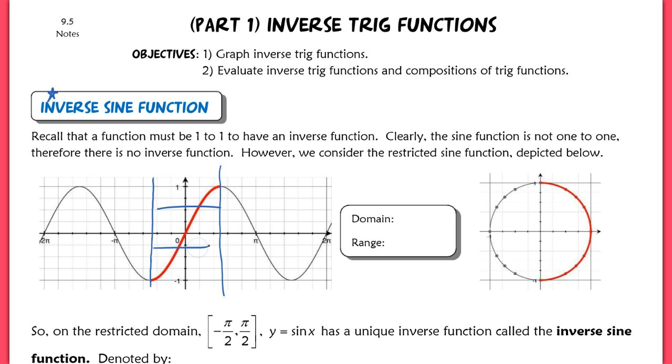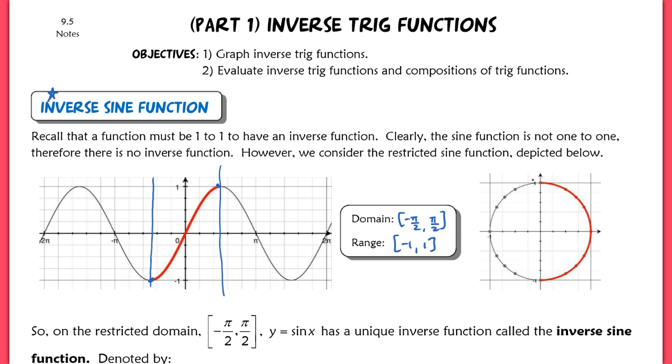Now it does pass that horizontal line test. So the domain of your sine function is now restricted to negative pi over 2 to pi over 2, and your range then is still negative 1 to 1. That corresponds on the unit circle to this shaded portion here in red. So keep that in mind.